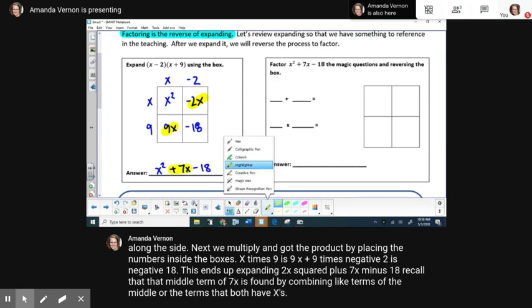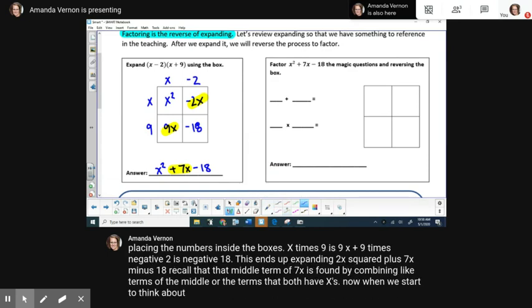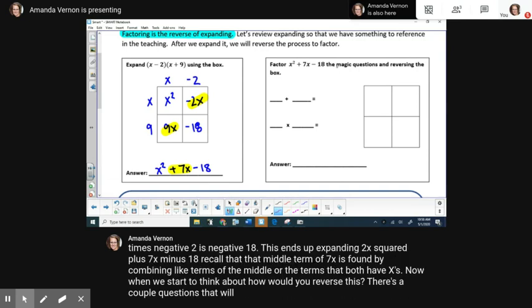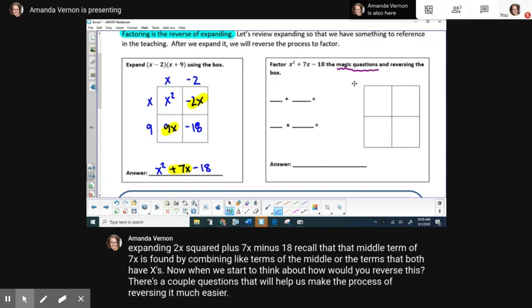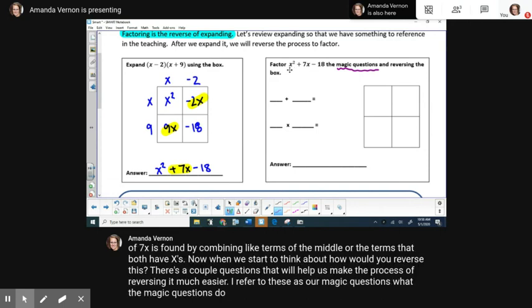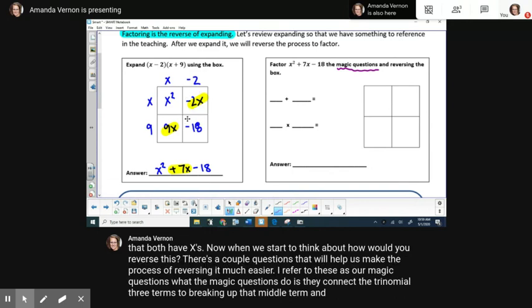Now, when we start to think about how would you reverse this, there's a couple questions that will help us make the process of reversing it much easier. I refer to these as our magic questions. What the magic questions do is they connect the trinomial, three terms, to breaking up that middle term and finding these middle numbers.